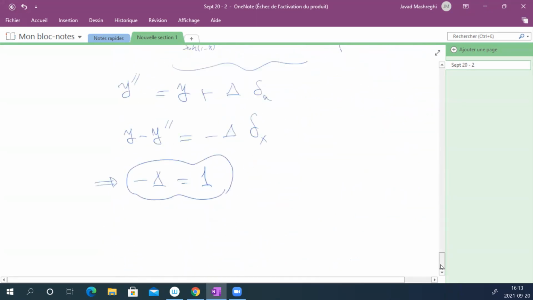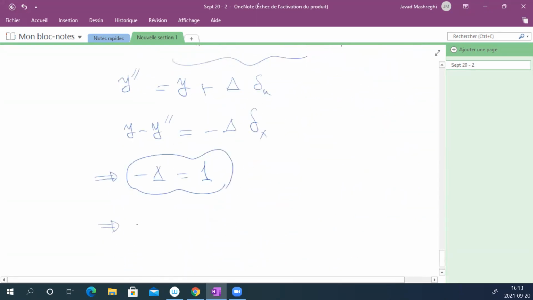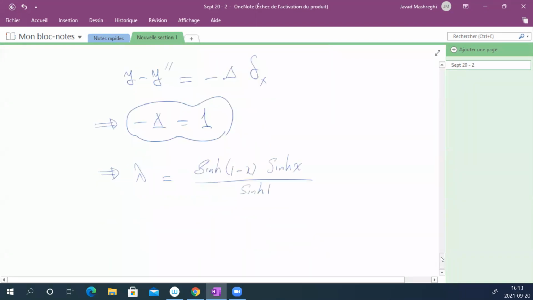It gives me lambda. So lambda is equal to sine hyperbolic 1 minus x sine hyperbolic x over sine hyperbolic 1. Plug it back in the formula.